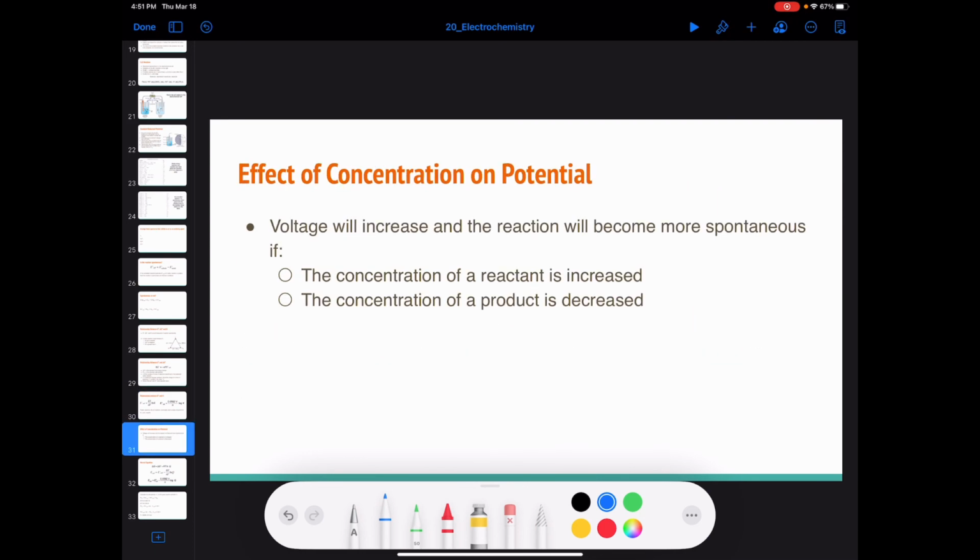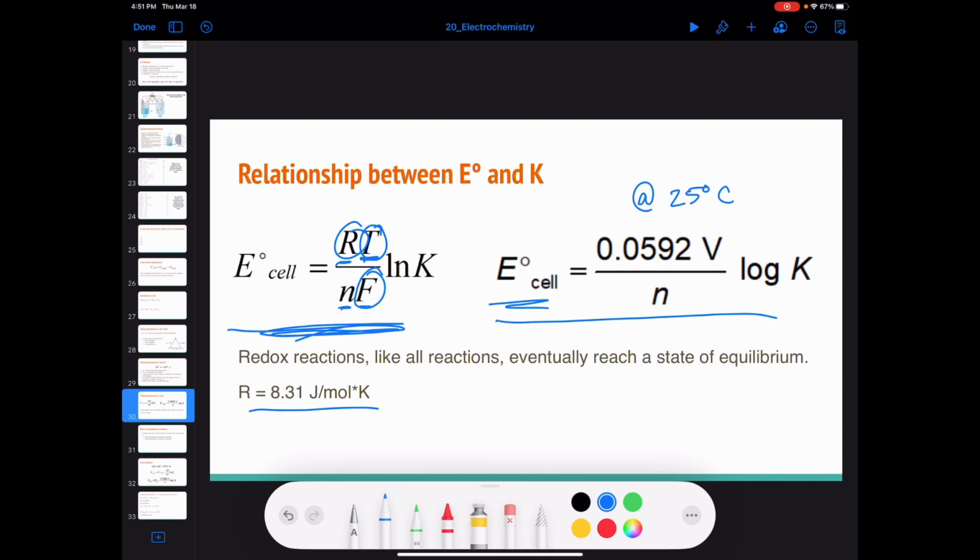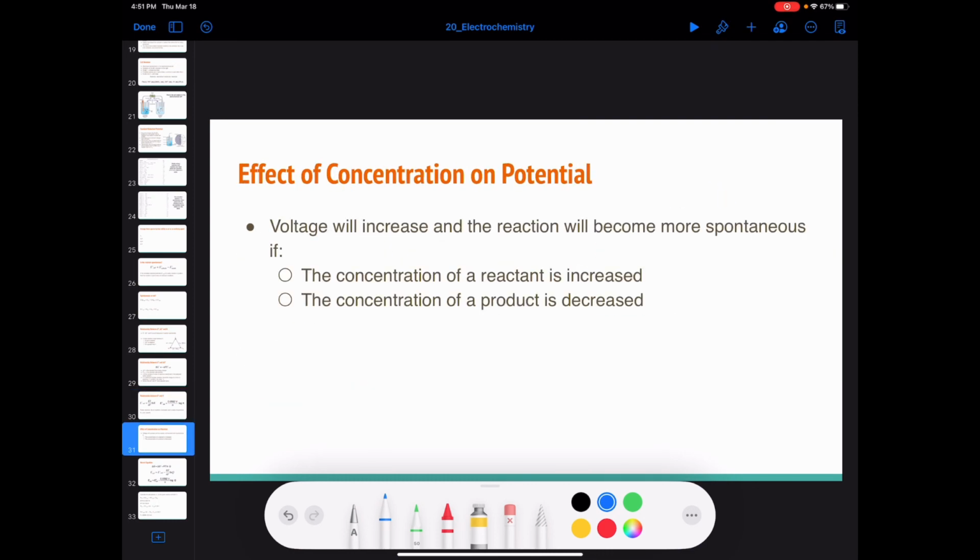Okay, so notice that if we're factoring in K, remember that K is equal to product concentration over reactant concentration. And so, sure enough, concentration does have an effect on our cell potential. If I want my reaction to become more spontaneous, I can increase the concentration of a reactant, or decrease the concentration of a product.